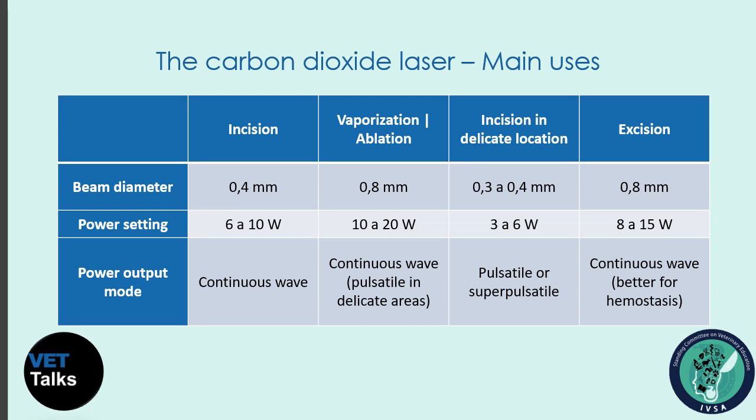So this is a good chart to consult when we want to use a carbon dioxide laser. It is also important to say that the device should be kept perpendicular to the incident tissue in order to maximize the potential of the laser beam. One of the greatest advantages of this type of laser device is that it drastically minimizes tissue manipulation.